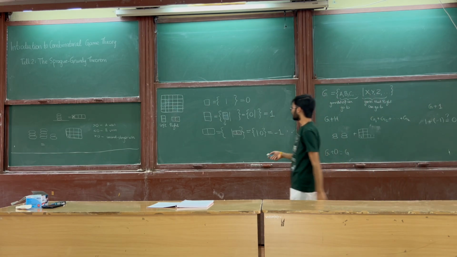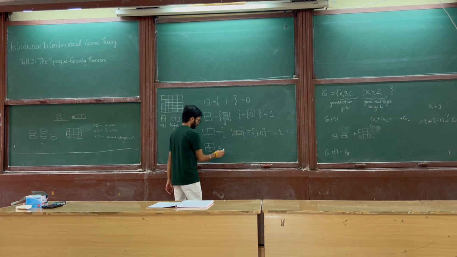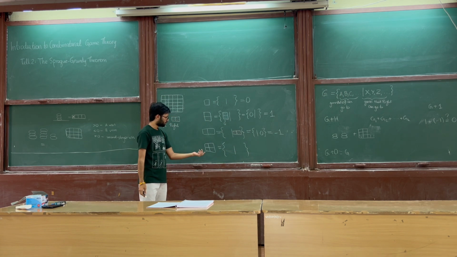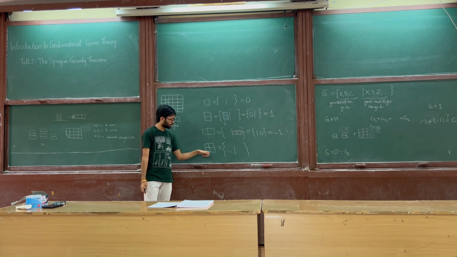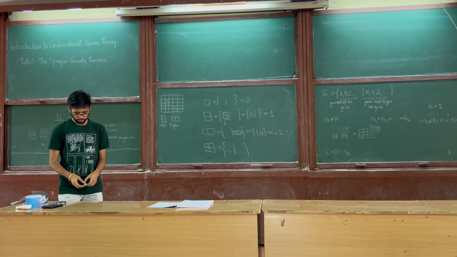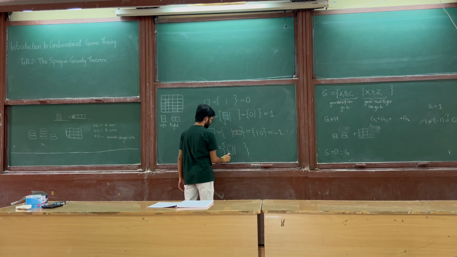Okay. So continuing on, let's go to a 2 by 2 grid, and here one might say there are two moves for left, but they are the same up to symmetry. So I'll just write 1, and now I'll write it this way.